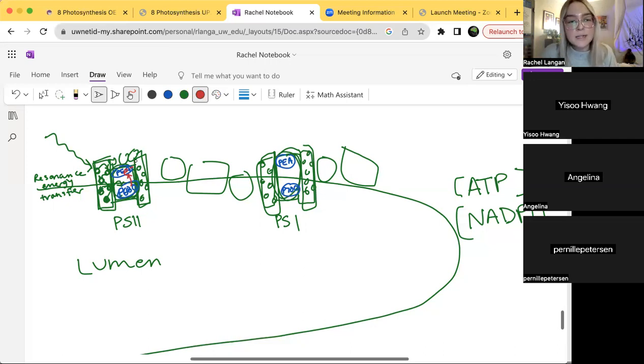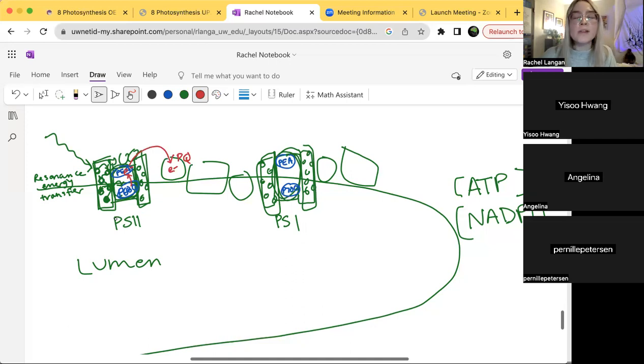The primary electron acceptor is going to send an electron to the next protein complex called PQ, right? It's not PC. Yes, PQ. Sorry, I always get PQ and PC mixed. PQ, cytochrome, PC.